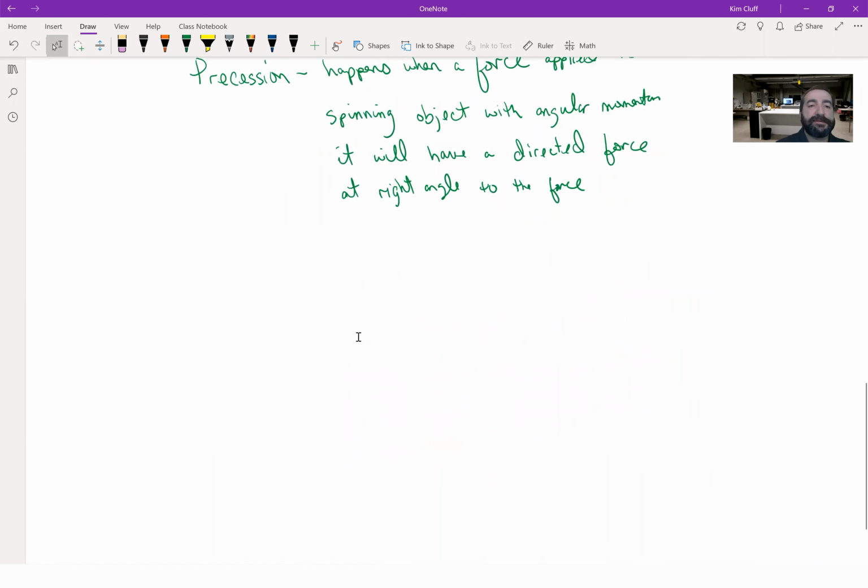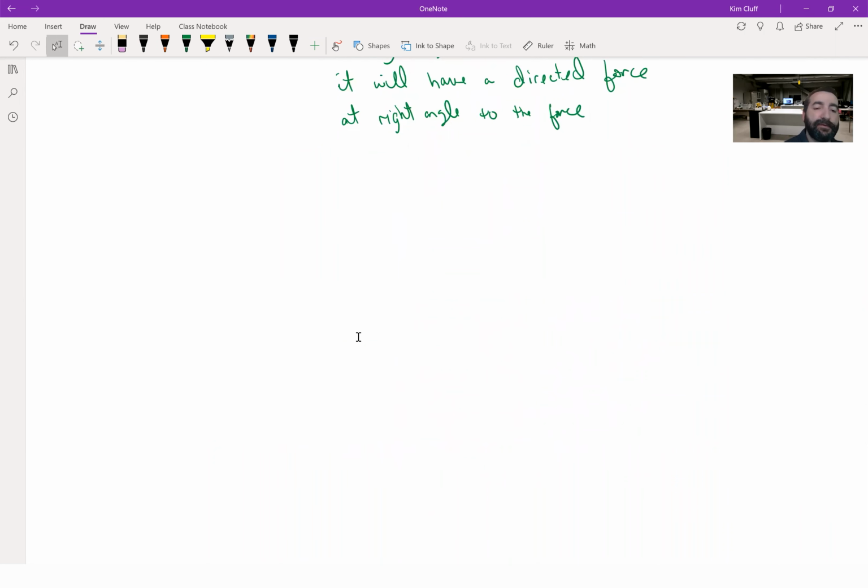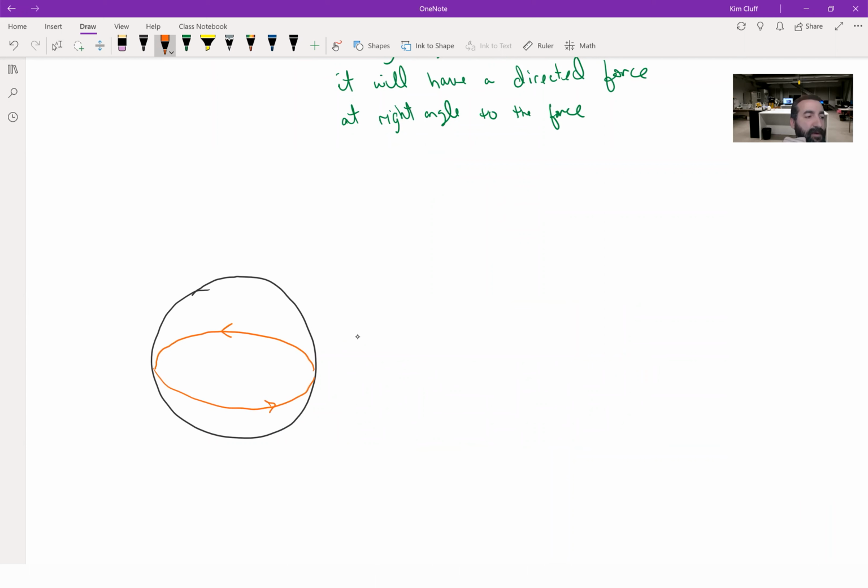So let me try to draw it in a little bit different way, and hopefully that'll become a little bit more clear for you. Let's say this is my hydrogen atom. Remember, the hydrogen atom is spinning. And because the hydrogen atom has a charge on it and it's spinning in a closed loop, it's also producing this magnetic moment.